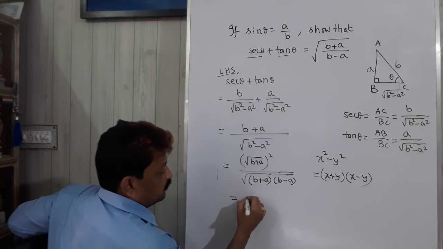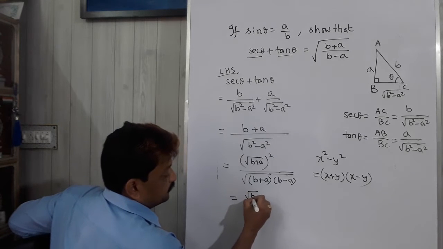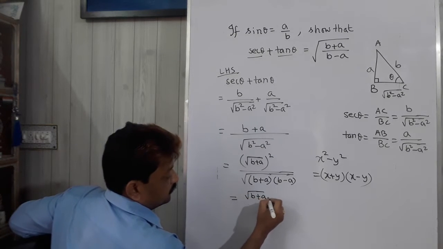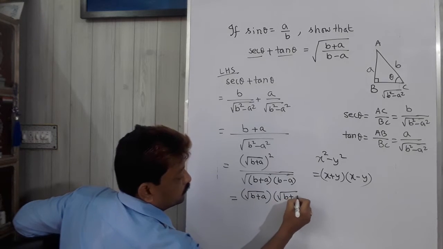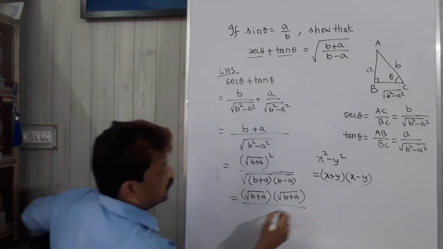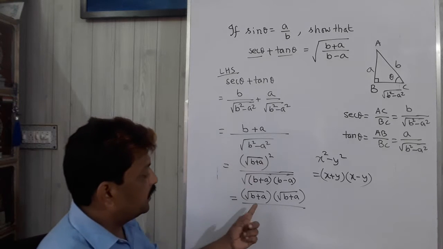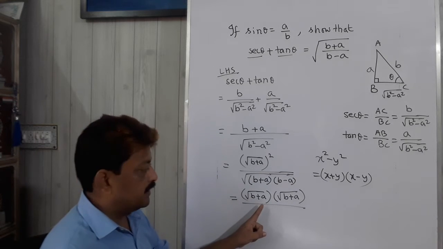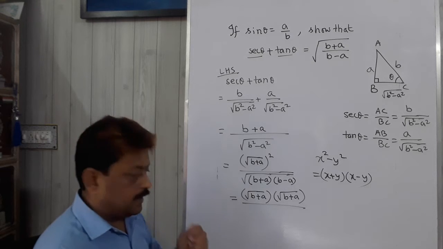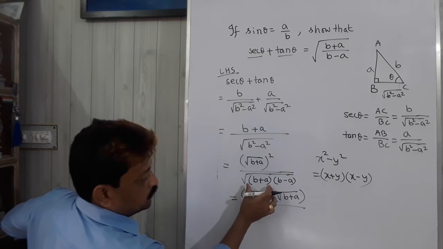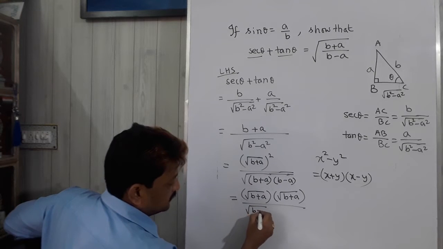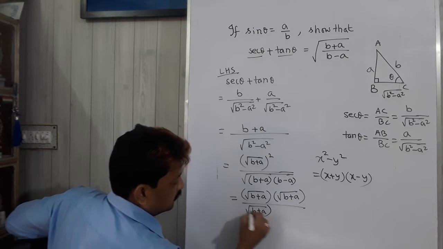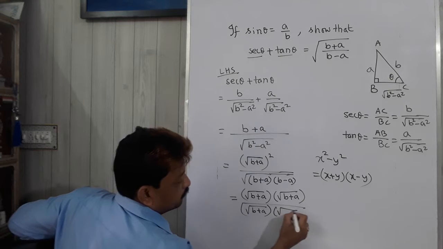So root b plus a can be written in this form. Root over b plus a whole square is written as root over b plus a multiplied with root over b plus a. And this one also I am splitting into two parts, so it will be root over b plus a multiplied with root over b minus a.